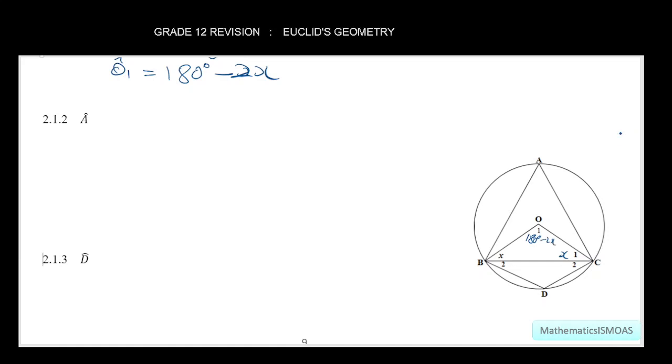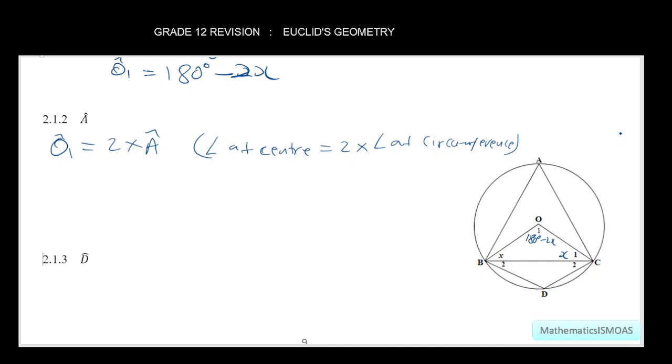Now we must find angle A. Then we say angle O1 is twice angle A, and the reason for this is that angle at center is equal to 2 times angle at circumference.